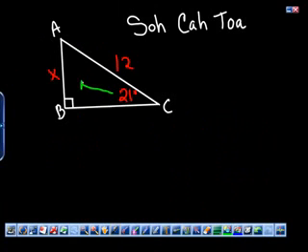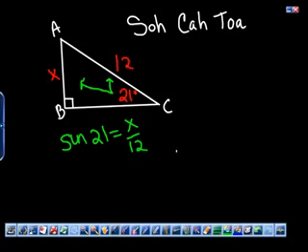Your angle. You have opposite. You have hypotenuse. So what's the setup? Alright, what is the sine of 21?